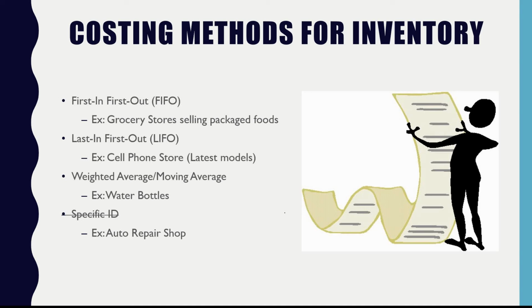And that's going to be one of the methods that we're going to be looking at throughout the week. Now, again, a good example would be something that you are constantly purchasing, and something that you're constantly selling out as well. So things like bottled water, right?